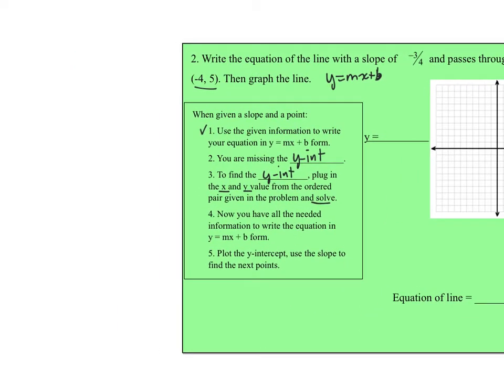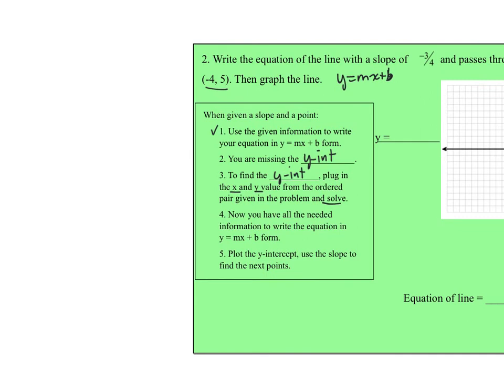We have a slope of -3/4, so y equals -3/4 x plus b. We don't know the y-intercept, but we have this point (-4, 5). That's an x value and a y value, so I'm going to substitute in the x and the y.